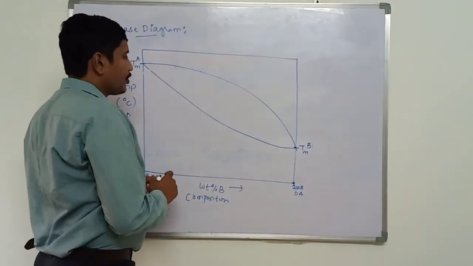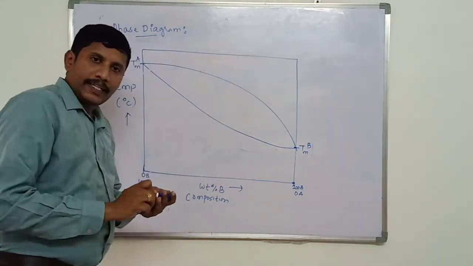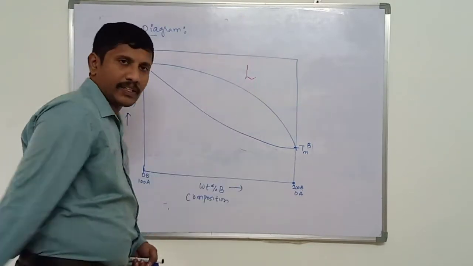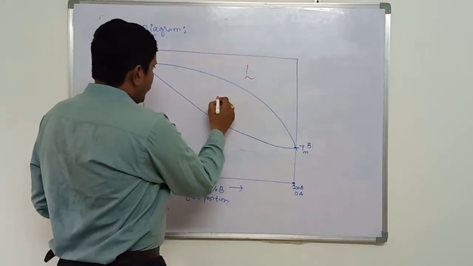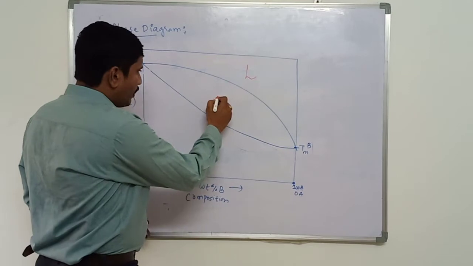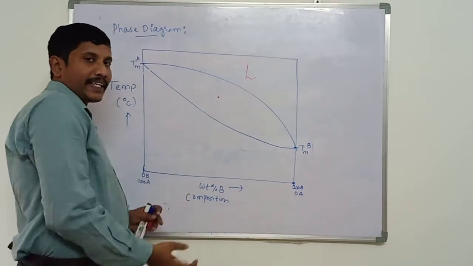So the area over here is liquid phase. The area over here is liquid phase. If you take any point and draw a horizontal line, you can identify the phases.